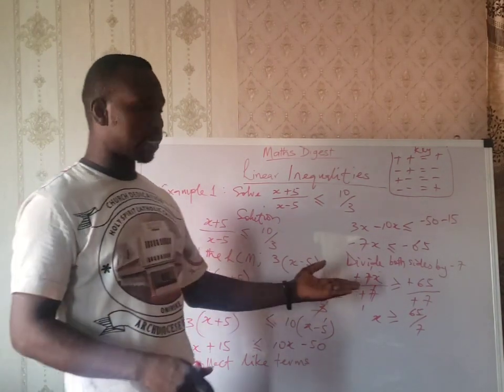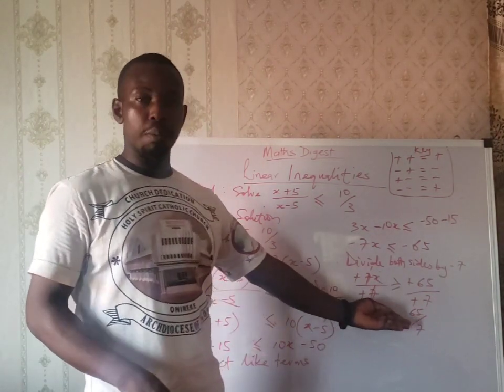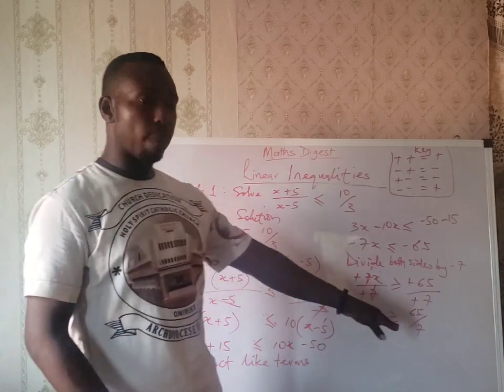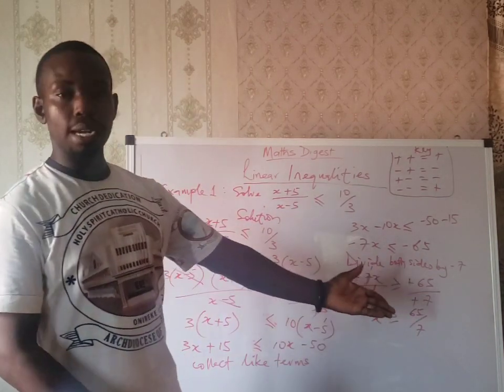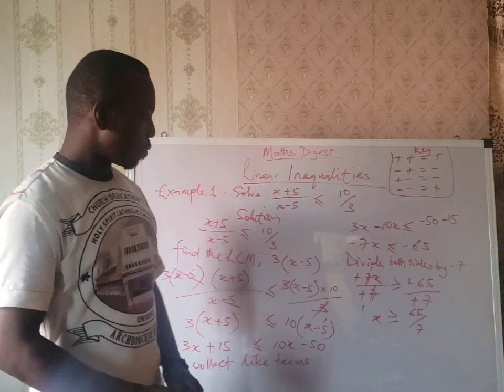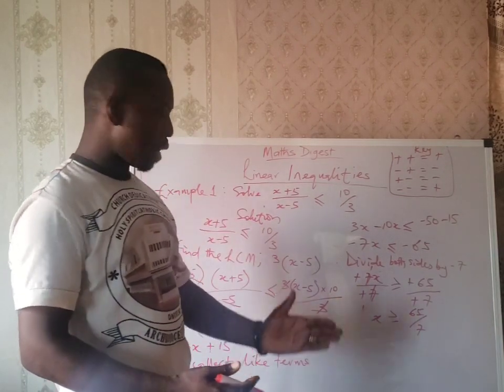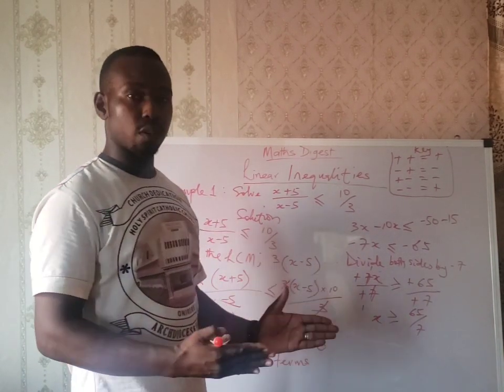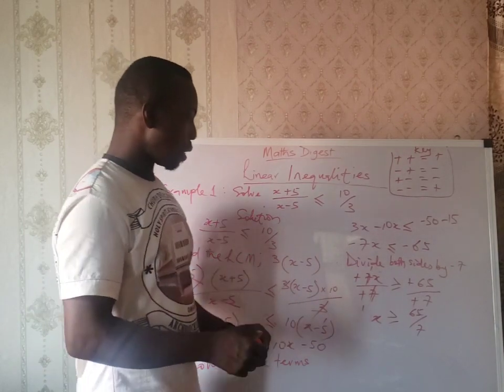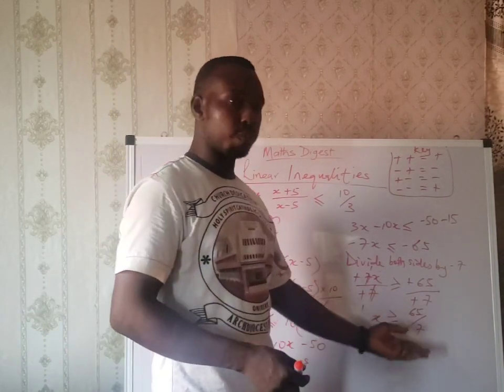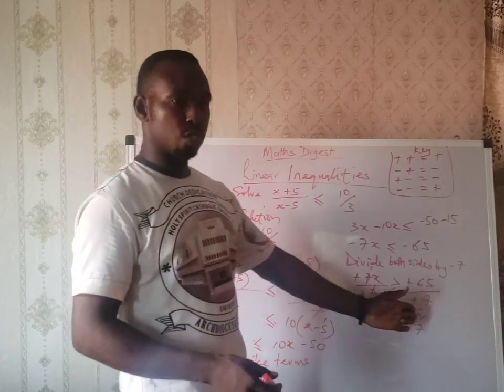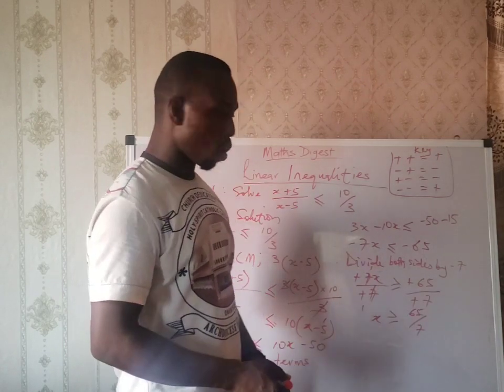If your answer stops at this, if it's an OBJ question, you can leave it and mark it as your answer. But if you are doing theory in your exams and you get to this point, please reduce it to a mixed fraction.